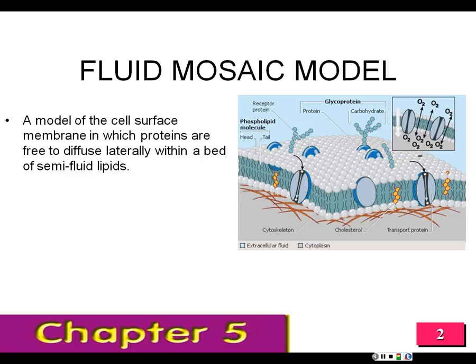They took two different cells and looked at the membrane. And they labeled the proteins in the membrane so that they would know where they came from.